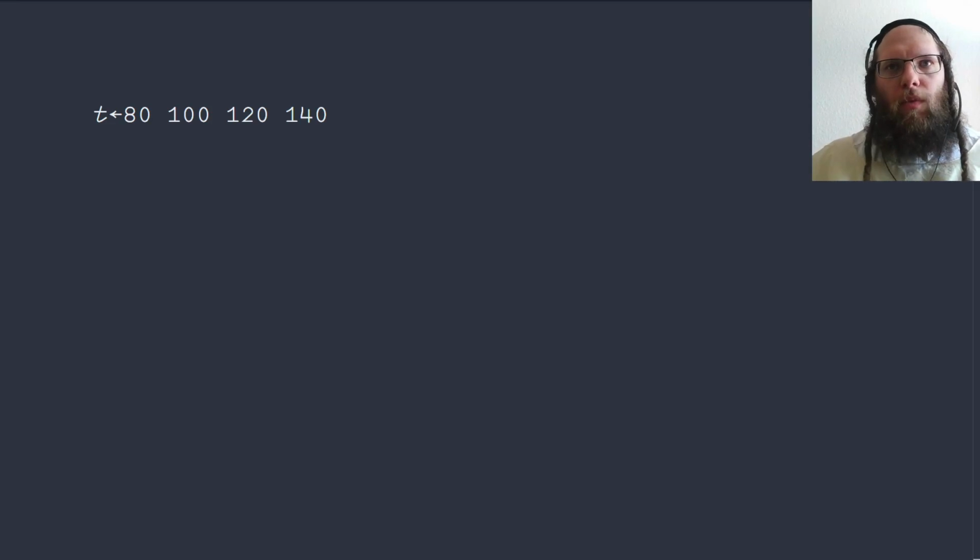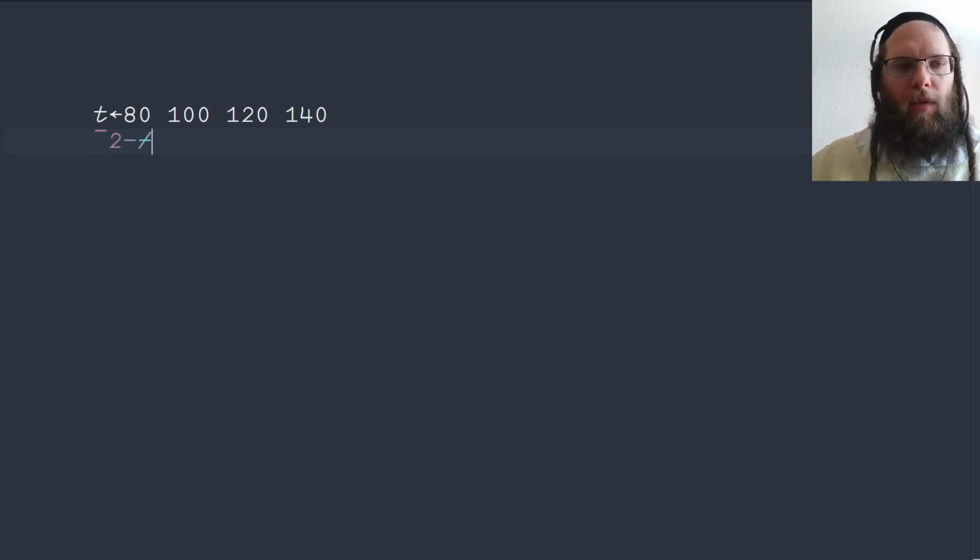One way that we can do this is by seeing what are the deltas, what are the differences from month to month. So what we want to do is a pairwise difference over this vector. And here it's all constant, but it doesn't matter.